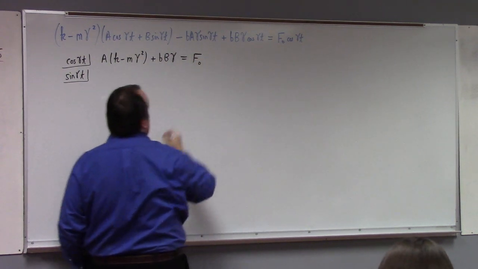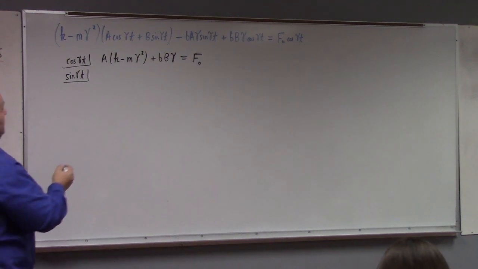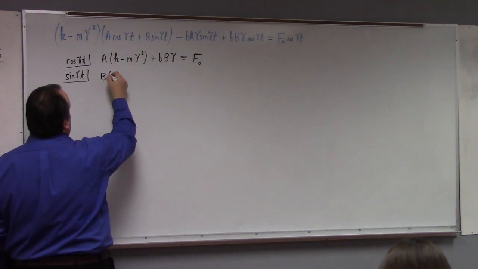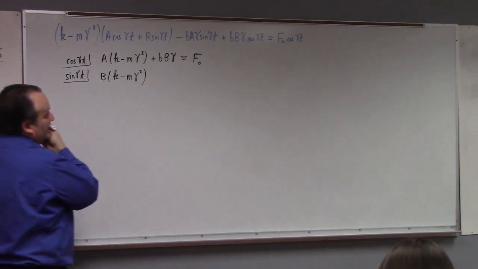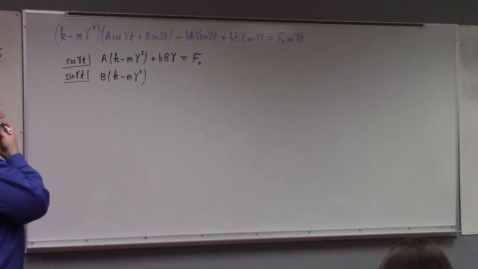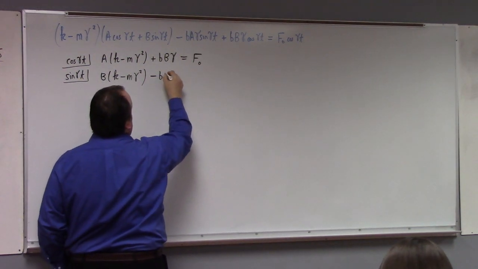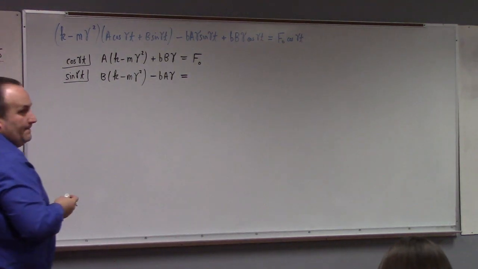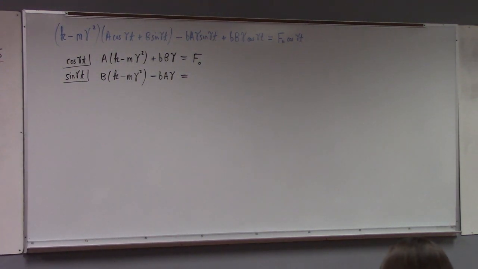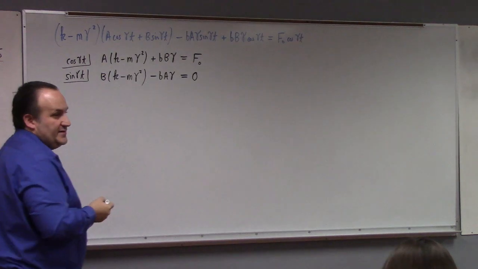Equals f naught, like that. And from the sine, I've got b times k minus m gamma squared. And what else do I have? This term here, right? So minus b a gamma, and what's that equal to? 0. So we got two equations, two unknowns, right? We're trying to solve for a and b.